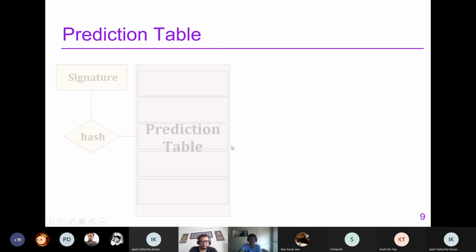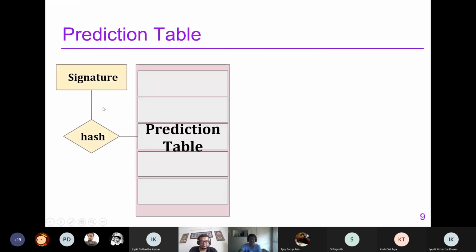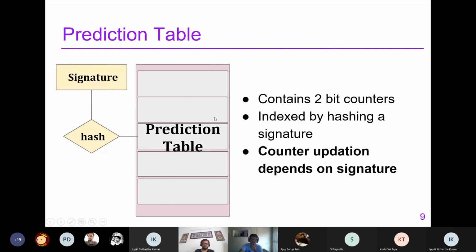The prediction table uses a signature, which is derived from the metadata; it hashes it and then indexes the prediction table. The prediction table is made up of counters. Here we are using 2-bit counters, and the counter update happens on a TLB miss or TLB hit, but not on all TLB hits or misses, as we will see later.